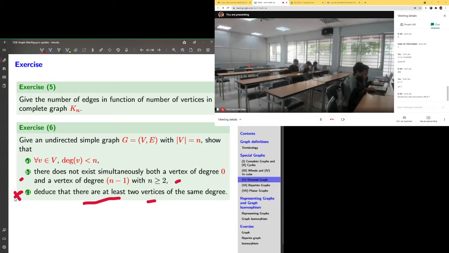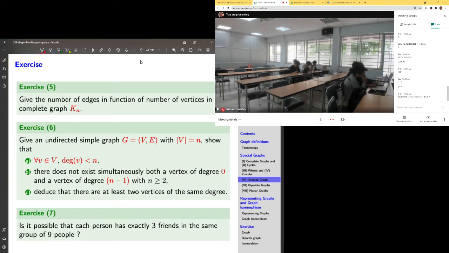So exercise number 6 is very meaningful to consider. Exercise 7. You may do the exercise together at home. Also, sorry, in the problem solving session together at HCMUT.